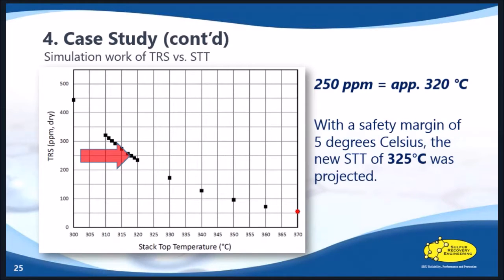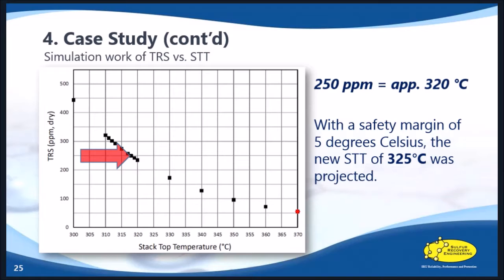Okay, so with those testing data, SRE created a kinetic design factor curve with the kinetic design factor available from SRE's in-house simulation software. From that curve and extrapolating the results, SRE found that at 325 degrees centigrade, we get our target of 250 ppm.